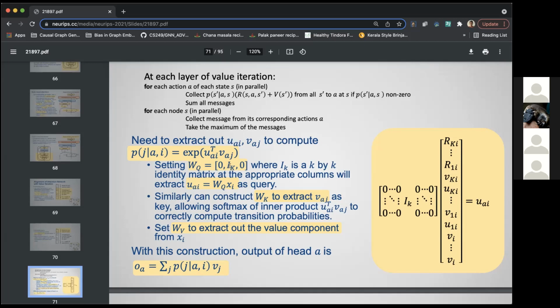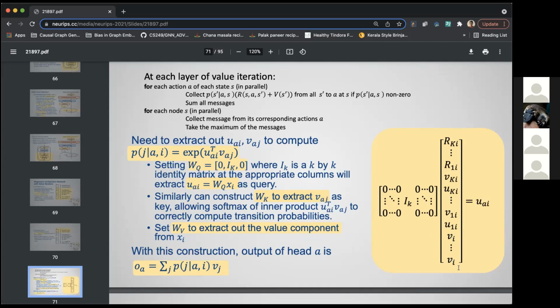So using this identity matrix as the weights for our query, we're able to select out the raw values.